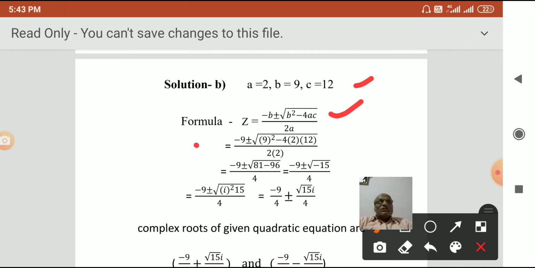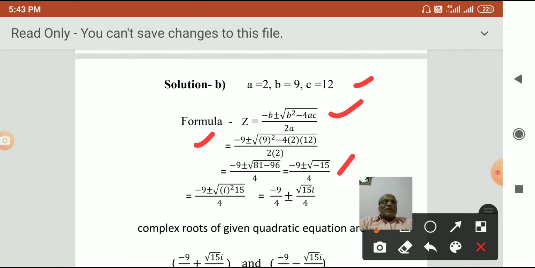So substitute all these values here, that is minus 9 plus or minus square root of 9 square minus 4 into 2 into 12, divided by 2 into 2. So after simplification we get minus 9 plus or minus square root of 9 square, that is 81, minus 4 into 2 into 12, so this is 96, total divided by 4.